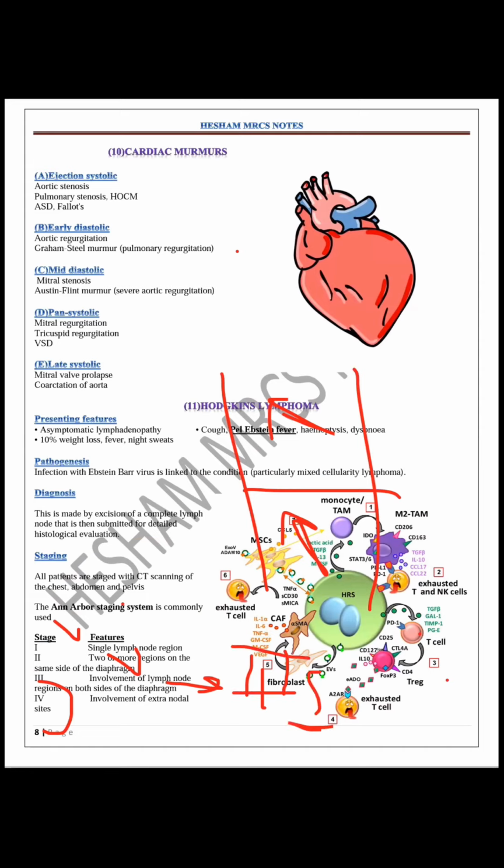This 3S is affection of the spleen, because splenic involvement in Hodgkin lymphoma is a single substage called 3S. And stage 4 is involvement of the extranodal system. What is this extranodal system? If you have liver, bone marrow, or peripheral blood affection, this is reticuloendothelial system affection and extranodal spread.